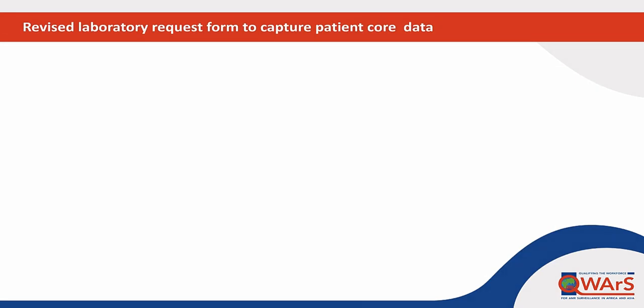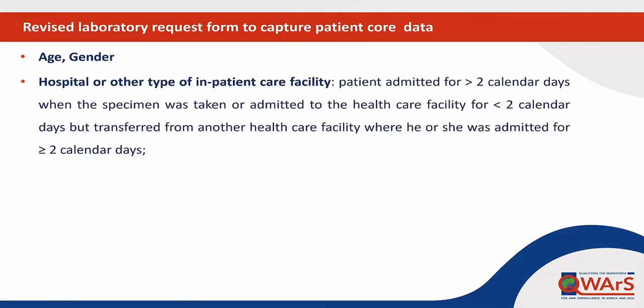As a priority, the laboratory request and report forms should be revised to include all patient core data like age and gender. Special attention should be paid to differentiating between community patients and inpatients who might have acquired the infection during hospital stay.